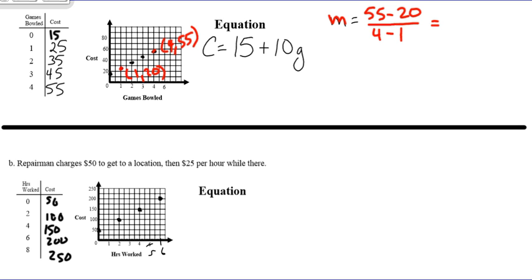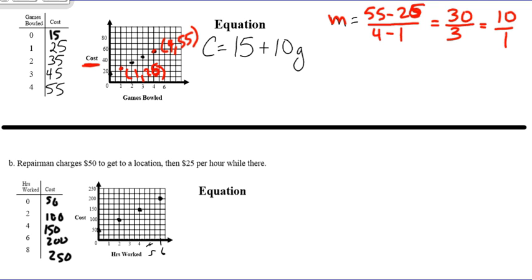When we do that, 55 minus 20 is 35. Am I doing this right? At 1 it's 25, not 20. My bad, so sorry, another small error. 55 minus 25 is 30. 4 minus 1 is 3. We can reduce that to 10 over 1.